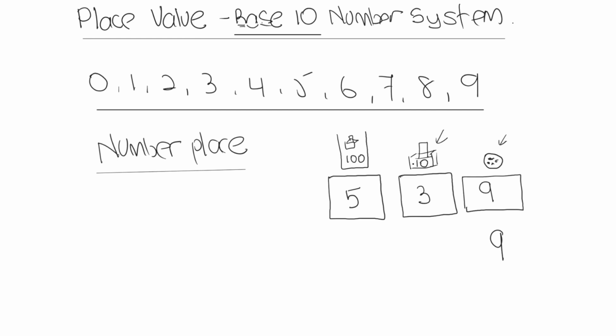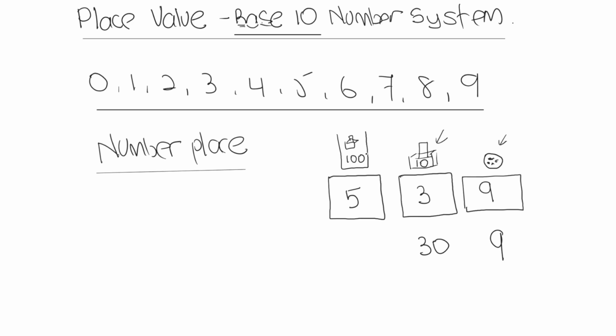Under the basket of 10 cookies, I have the digit 3. It represents 3 baskets of 10 cookies each, which means there are 30 cookies. You would agree because one basket has 10 and I have 3 baskets, so it's 10, 20, and 30.